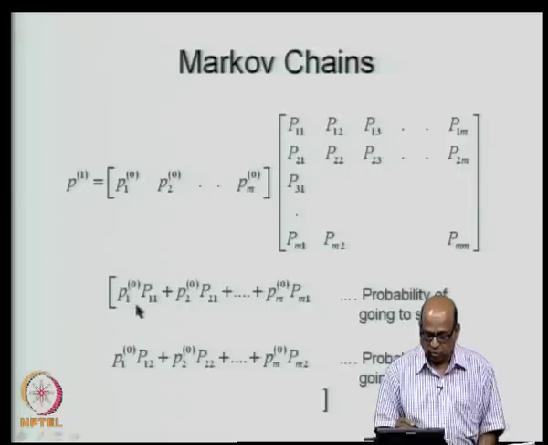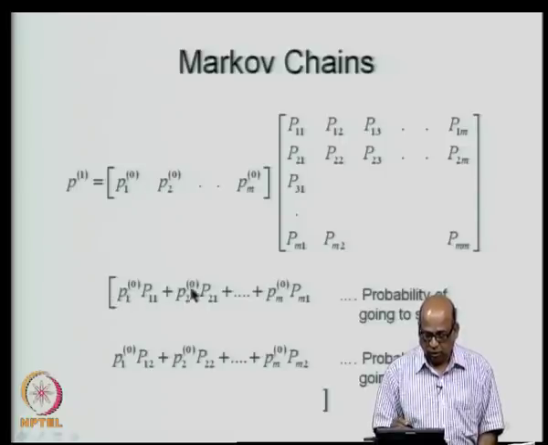So, this gives you the total probability of going to state 1, starting with state 1 in time period 0. Similarly, you will be in class interval 2 in time period 0 with a probability of p_2^0, and if you are in class interval 2, you go to class interval 1 with a probability of p_21, and therefore, this gives you the probability of going into class interval 1 starting with class interval 2, and so on.